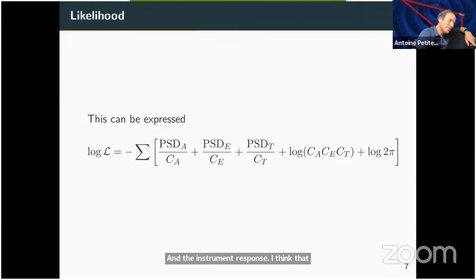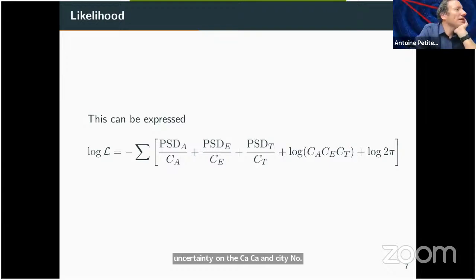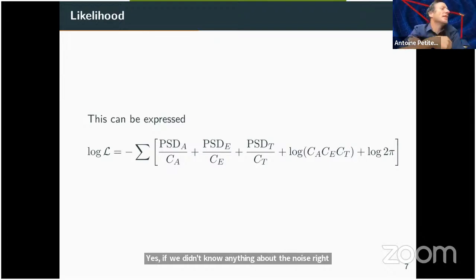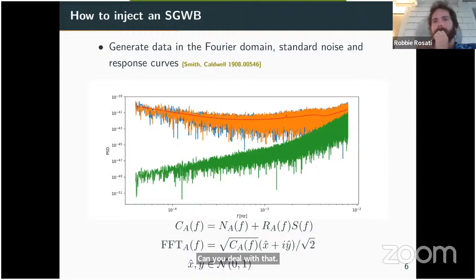But I think the question of Stefano is more if we have a big uncertainty on the CA, CE, and CT. Yes, if we don't know anything about the noise, right? If you know very poorly about CA, CE, and CT, how can you deal with that? Not an easy question, but it's a key question.